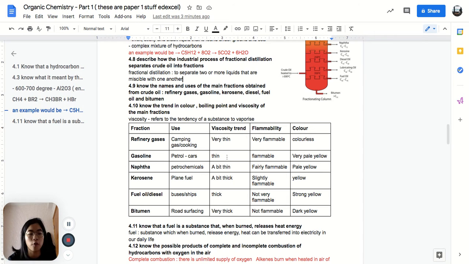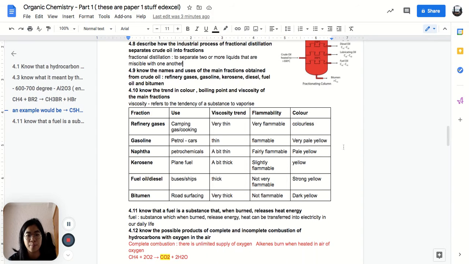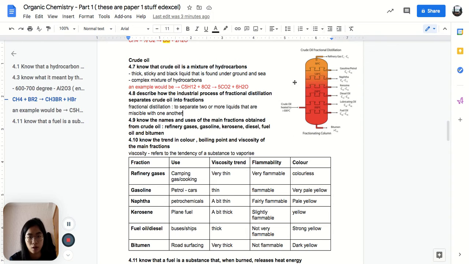I'm not going to go over this graph because you can see it yourselves. But the thing I would tell you is that the colour gets darker as you go down the column. This is called the fractional column, and this process is called fractional distillation.